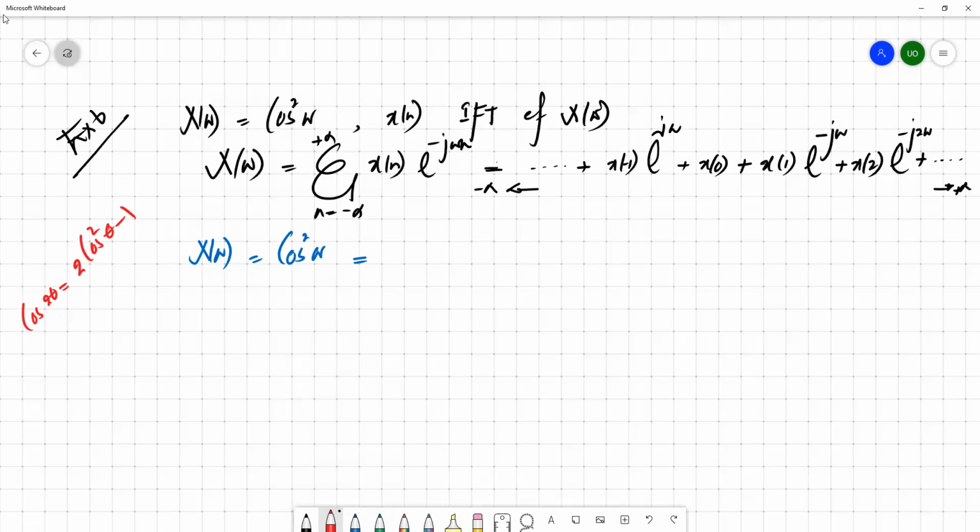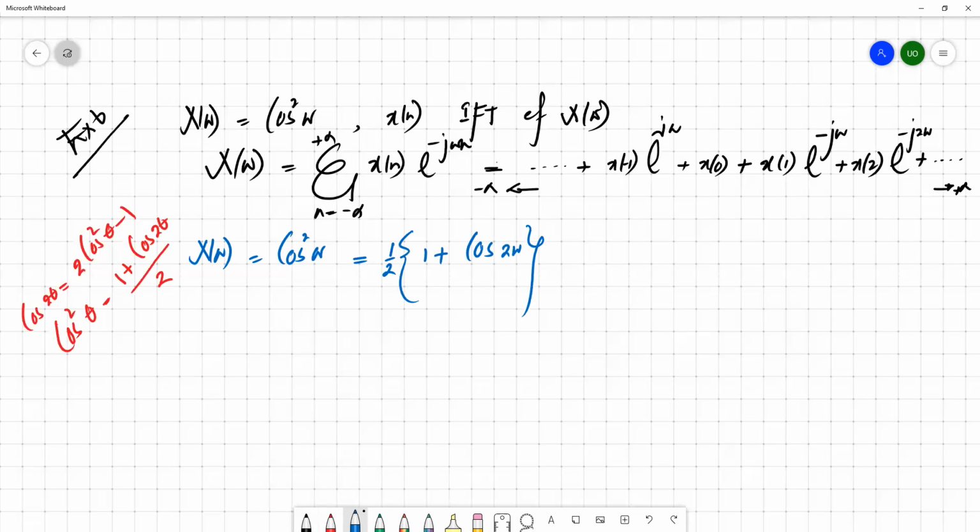So cos squared theta is actually (1 plus cos 2 theta) divided by 2. So you just apply it here. So it's like half of (1 plus cos 2 omega).